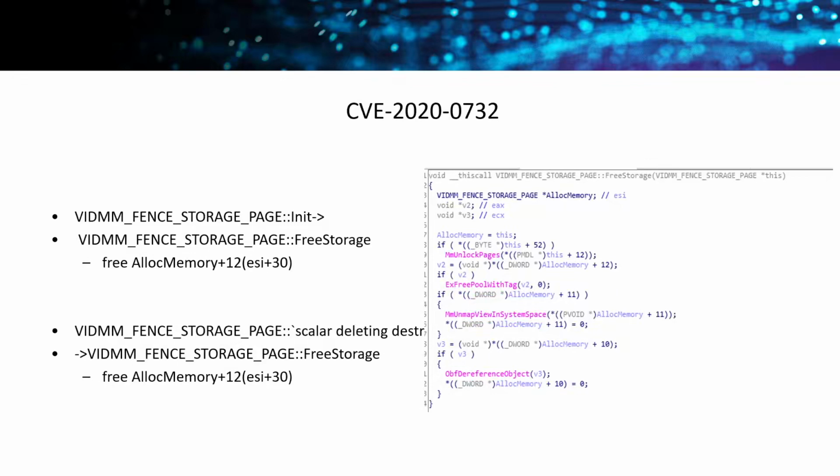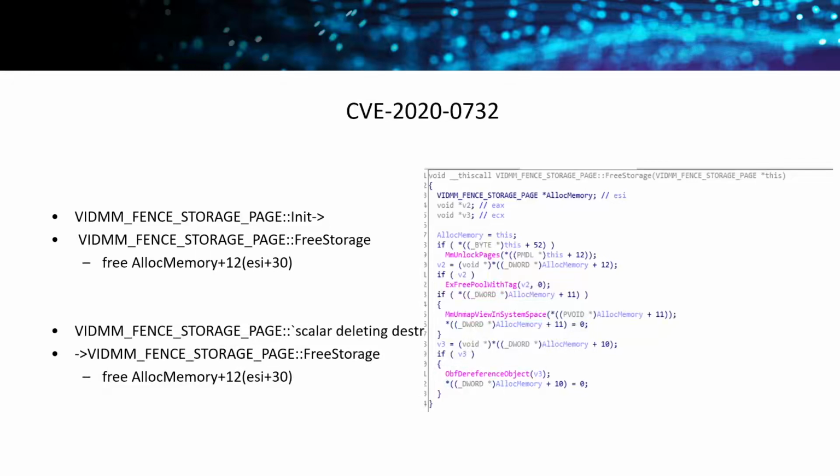So we know the VID MMS function storage page initialize is the constructor, and the VID MMS function storage page delete is the destructor. The constructor and the destructor free the same object, and this frees the same memory, and this memory is not set to 0. It's amazing.